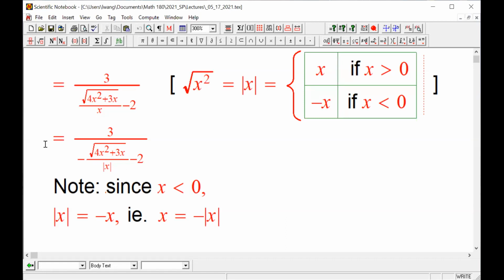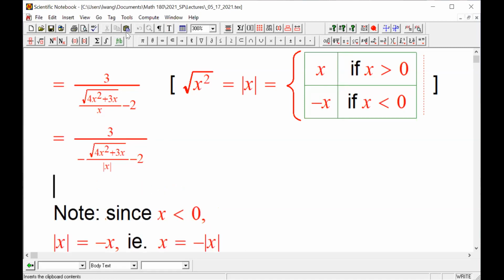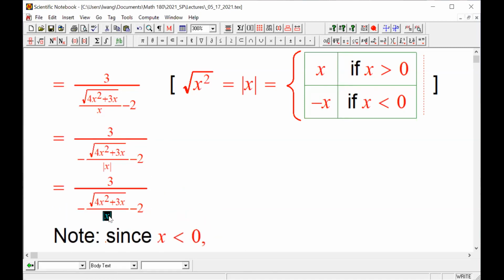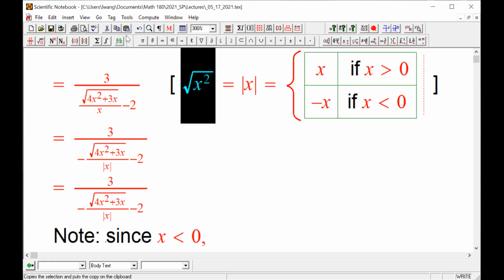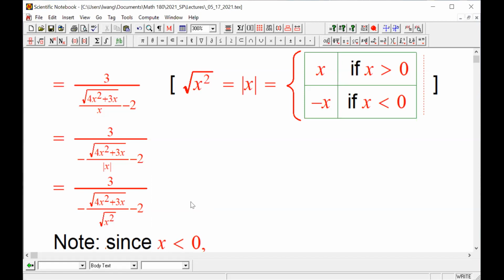So next step, now you can use this guy to replace that guy. Sometimes you might find these in your reading of the textbook, and you say, how all of a sudden do we have a negative sign here? They're not going to show the steps in such great detail as I did here.